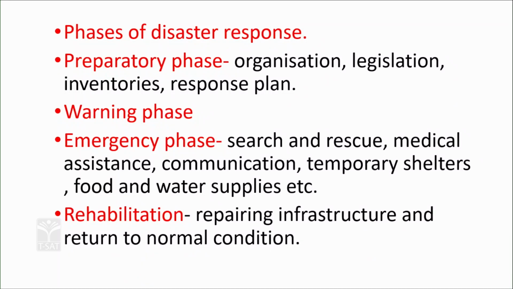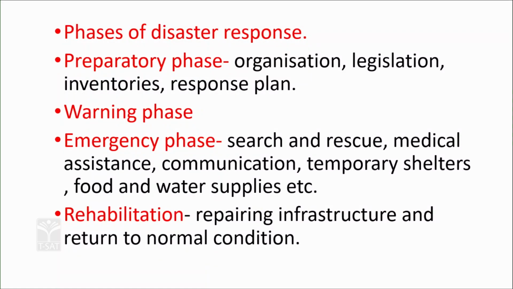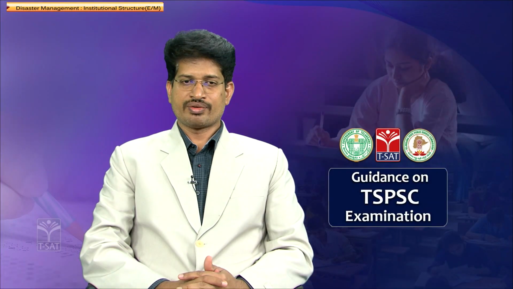Medical assistance: the doctors and paramedical personnel need to be transported to that particular affected region. Communications: establishing alternative communication systems, temporary shelters, food and water supplies must be provided, especially in the emergency phase, to avoid the loss of life.